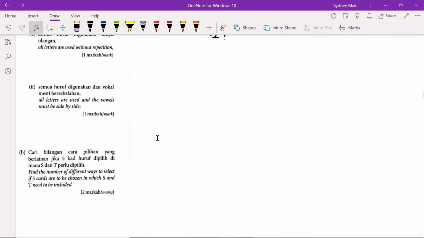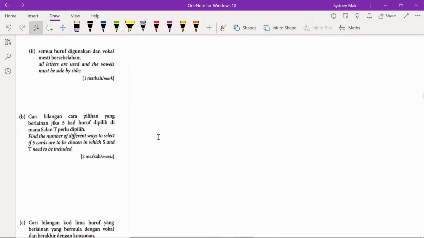Now part B, we have to find the number of different ways to select if 5 cards are to be chosen in which S and T need to be included.